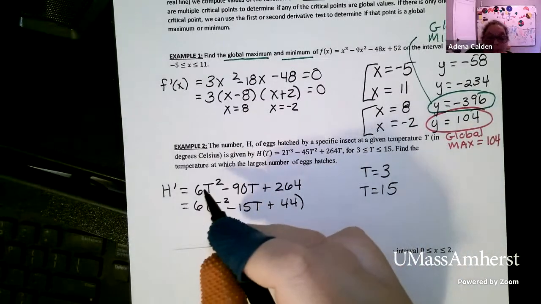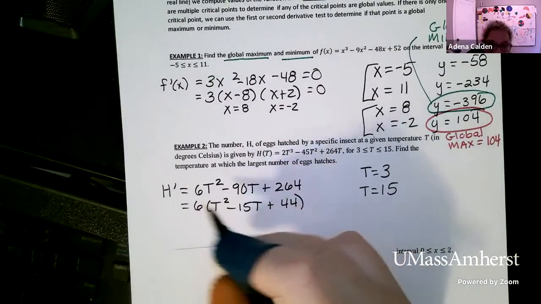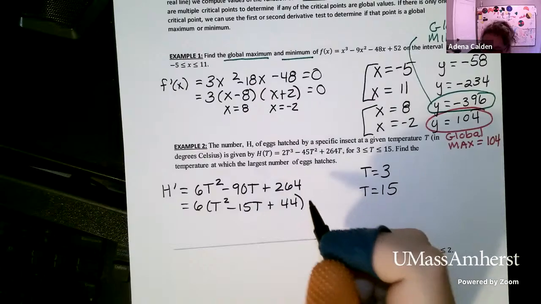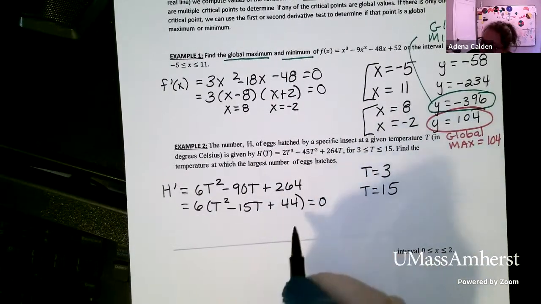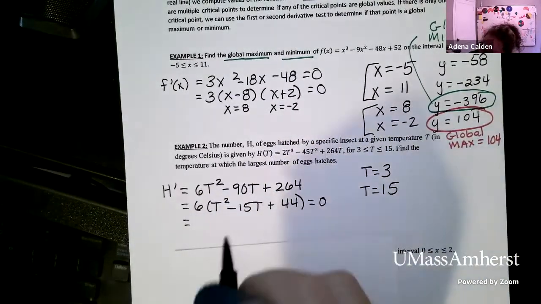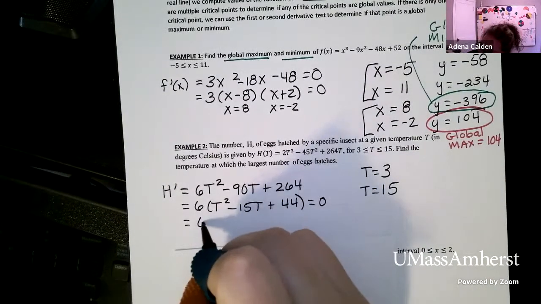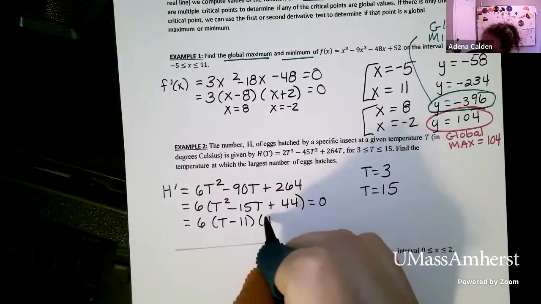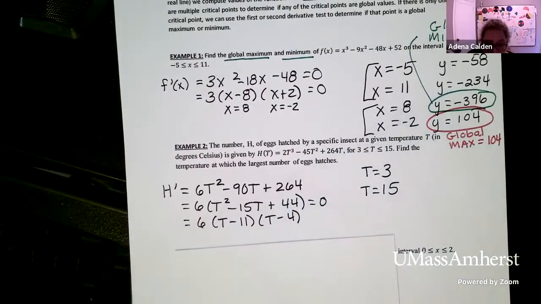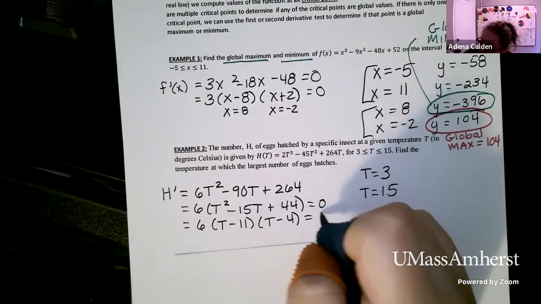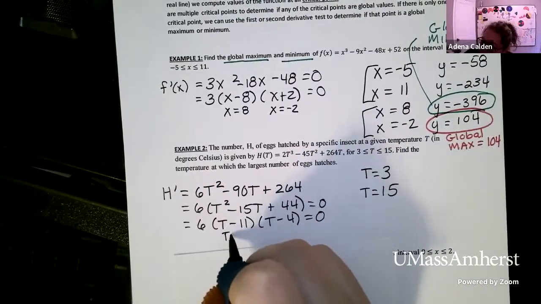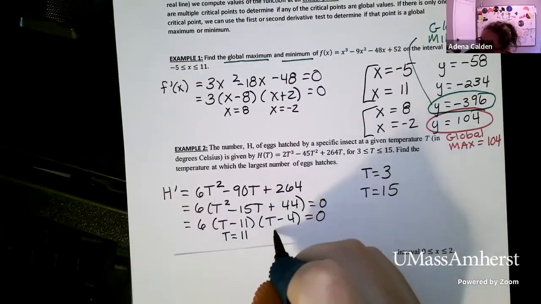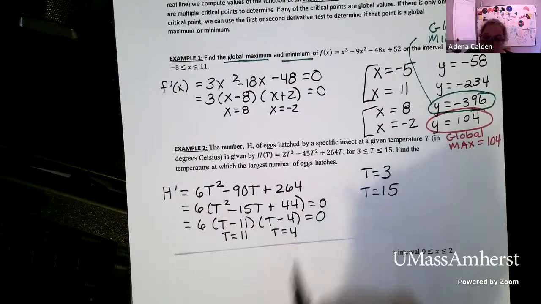So I, on my calculator, made sure that all of these numbers were divisible by 6 so that I could pull it out. So now I'm looking for two numbers that multiply to give me 44, but add up to give me 15. So I get t minus 11 and t minus 4. Okay, so that means my critical points are t equals 11 and t equals 4.